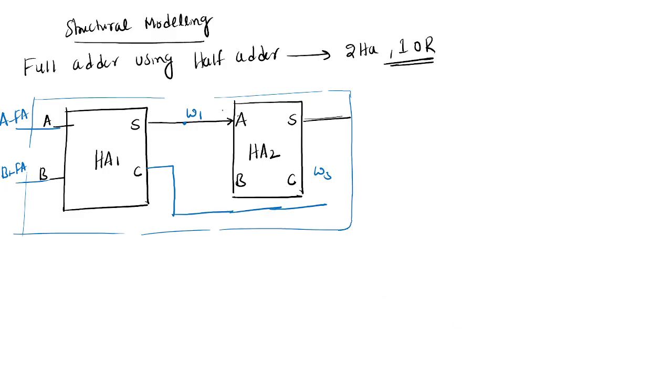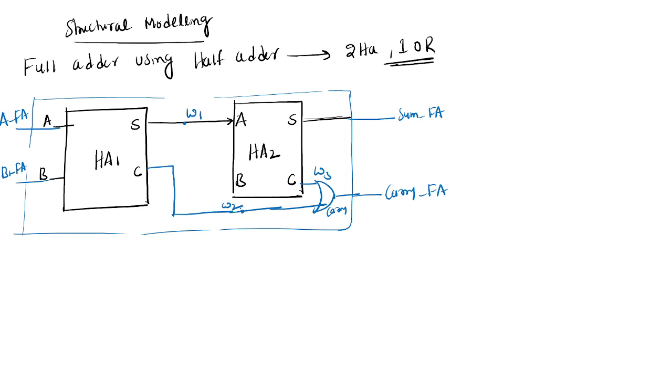This is given to one OR gate circuit, and here you are getting carry as the output. The outputs are sum underscore FA and carry underscore FA. Here also I need to declare the internal variables.